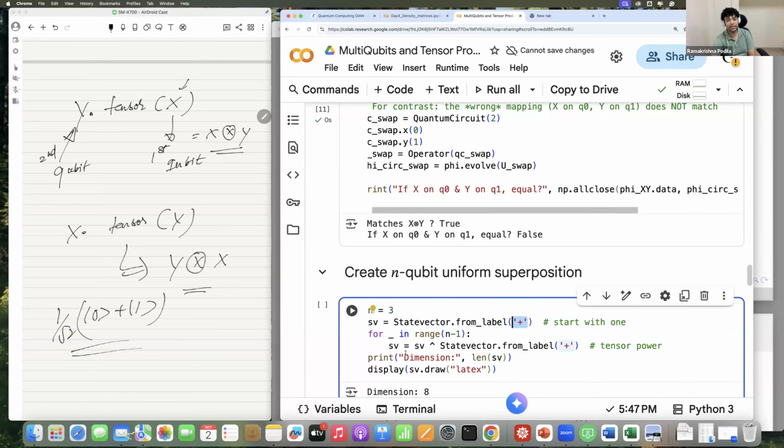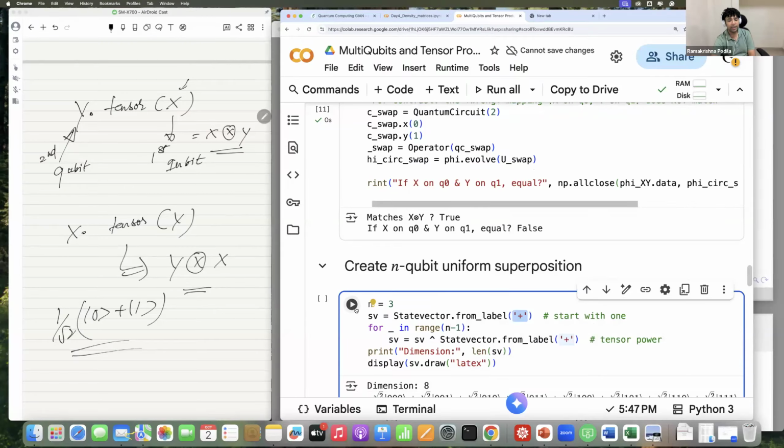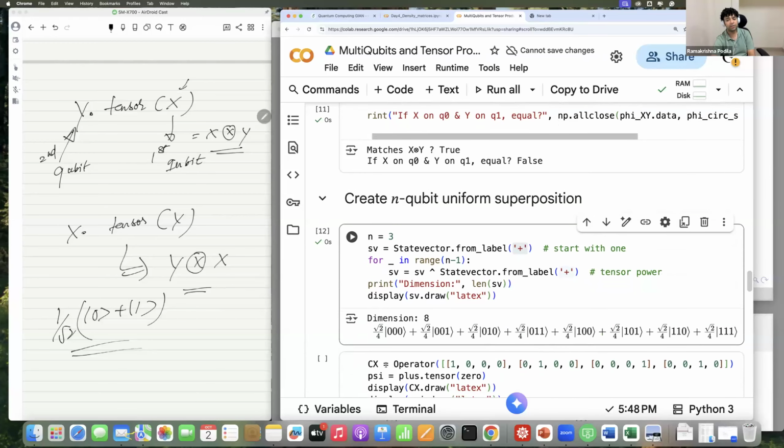Then you can just keep multiplying them with the tensor power. Because you have 3 qubits, each qubit has 2 states, so you get 2 cubed, an 8-dimensional state. That would be the total state that is generated. Are you able to follow me?